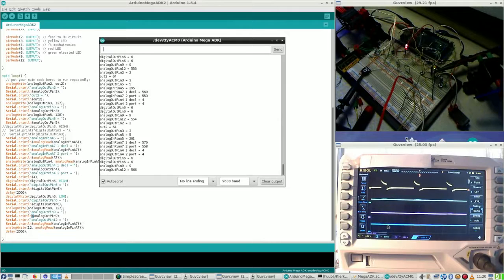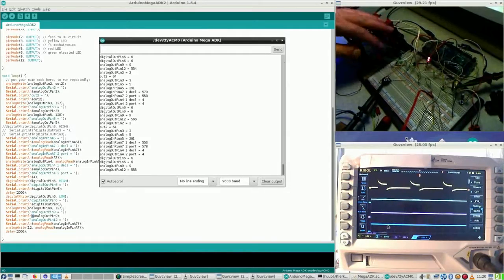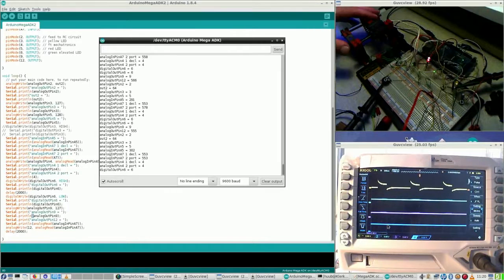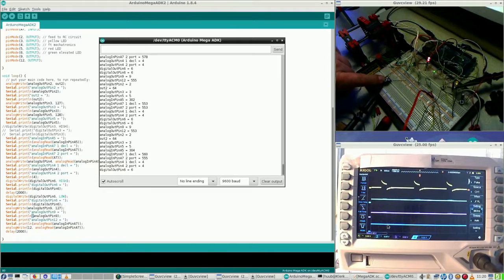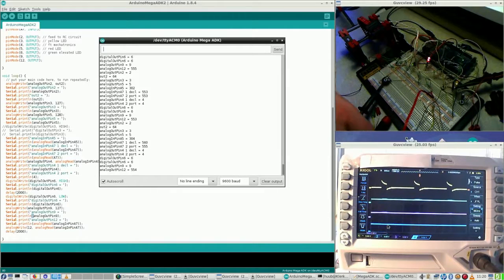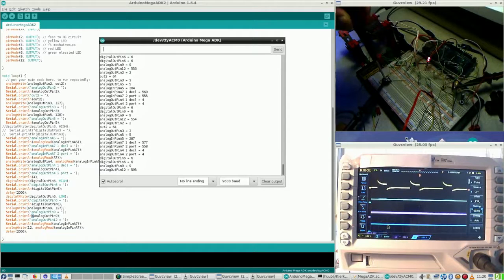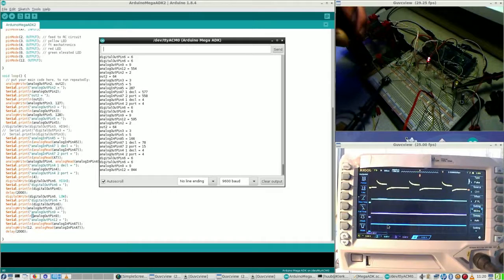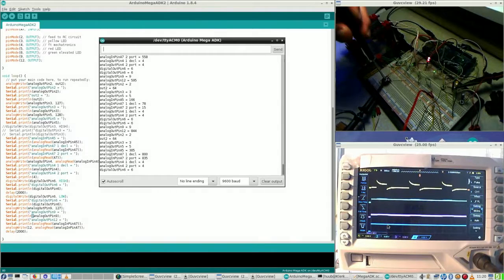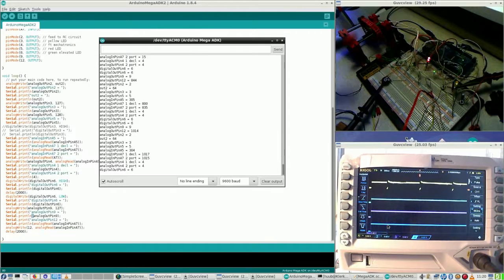Because right now this part, the Mechatronics, doesn't run either. No matter how I turn this one, nothing is happening. And see the purple line on the oscilloscope, it's going up and down. So, oh look, now it's working.